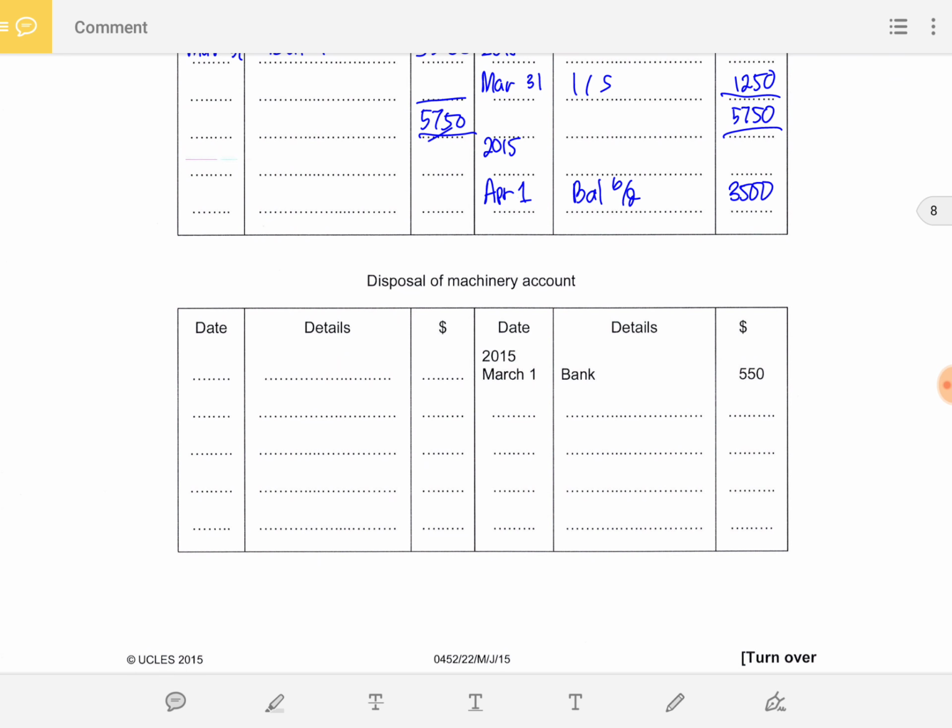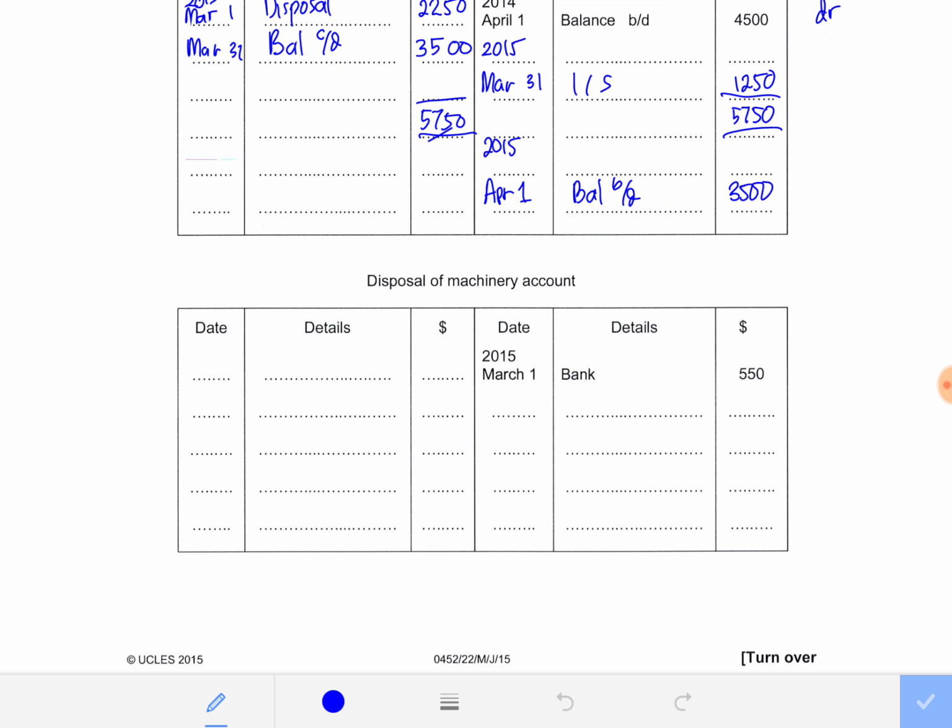Next is disposal account. In disposal account, you have to find 4 items. Except if it is an exchange. If the disposal is exchanging the new asset with the old asset, that means you have 5 items that need to be considered. If it is only a simple selling of an old asset, you have to find 4 pieces of information.